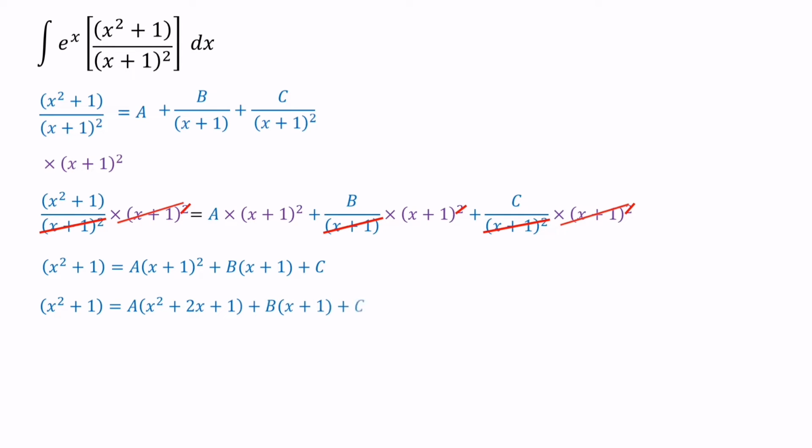After that we can remove the brackets and write x squared terms together, x terms together and constant terms together. So we have the identity x squared plus 1 equals A x squared plus (2A plus B) times x plus (A plus B plus C).